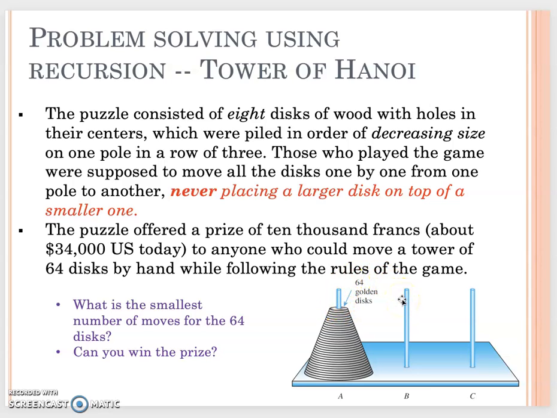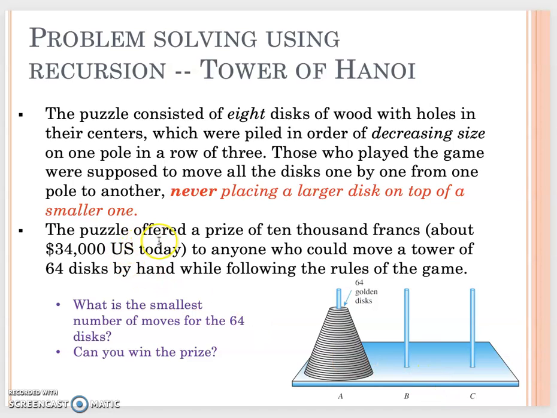And between all the moves, the smaller disc must always be on top of the bigger disc. That means if you move the smaller one to B, and then you try to move the next one to B, you would have a bigger disc on top of the smaller one. This is not allowed.